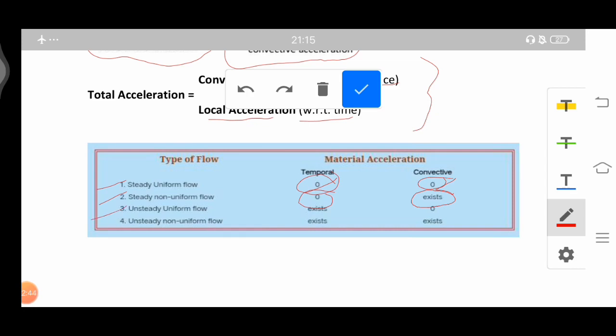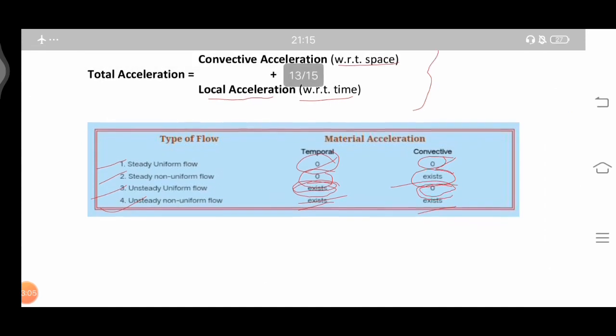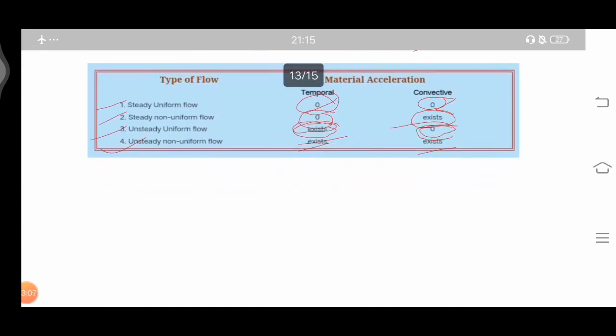Similarly, for unsteady uniform flow, temporal acceleration exists, but convective acceleration doesn't exist. For an unsteady non-uniform flow, both exist, as the velocities change with respect to both time and space.